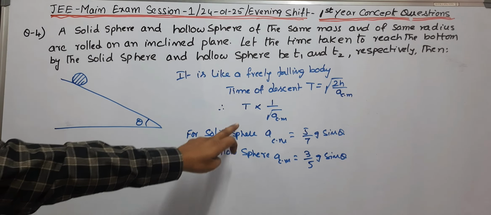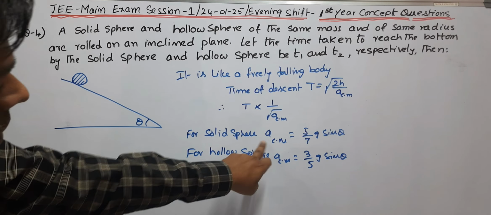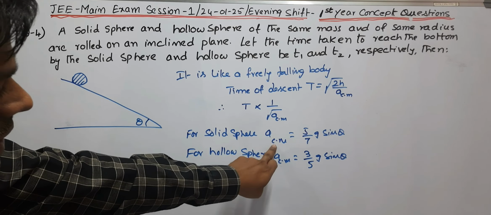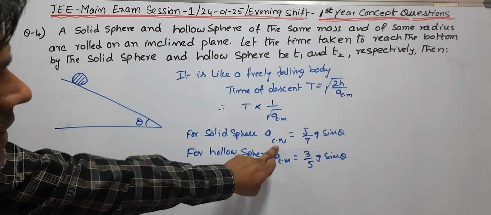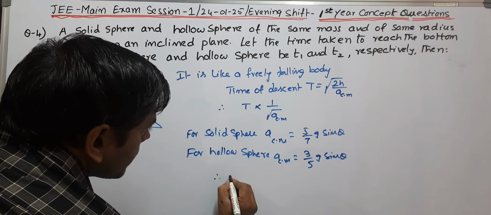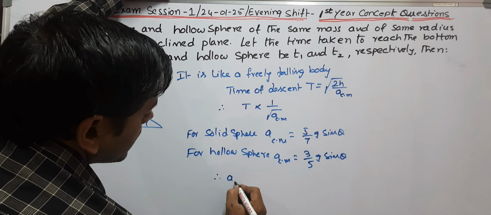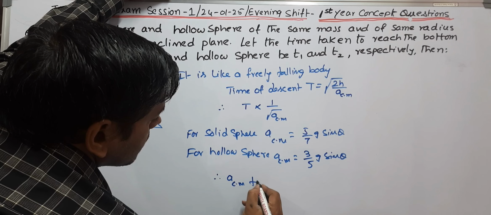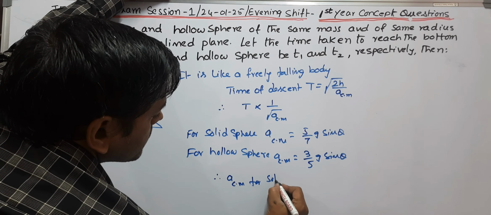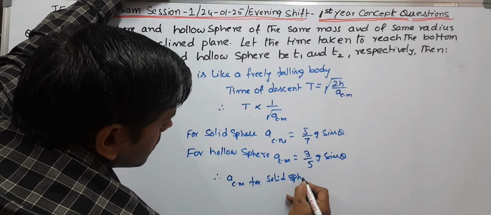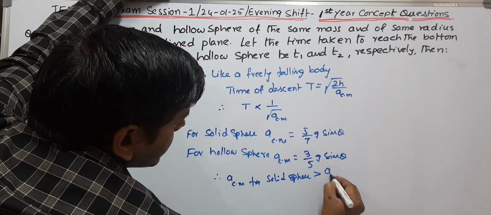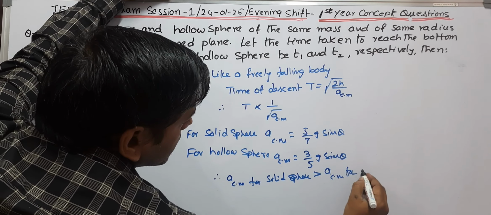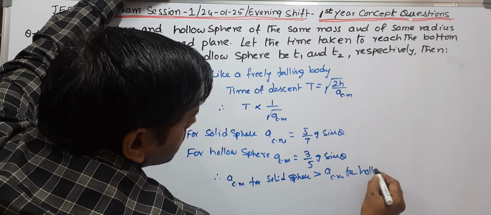So compared to this one, the solid sphere has more acceleration of center of mass, therefore the acceleration of center of mass for the solid sphere is greater than for the hollow sphere.